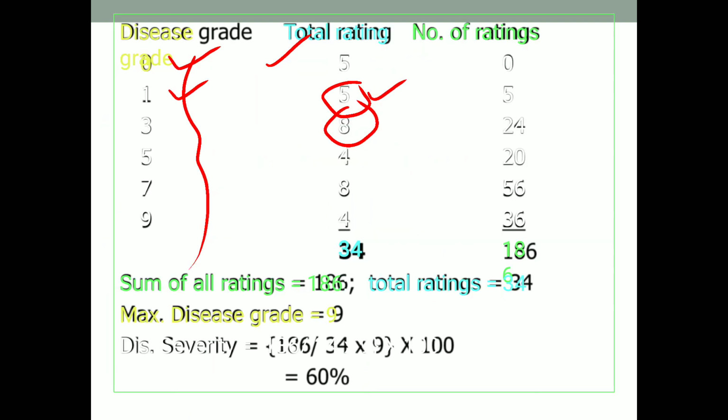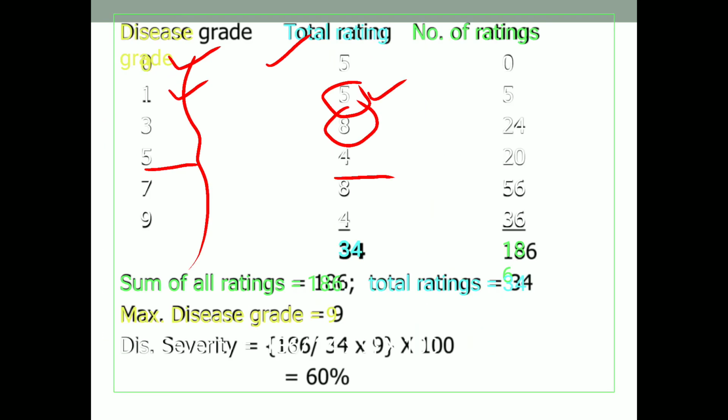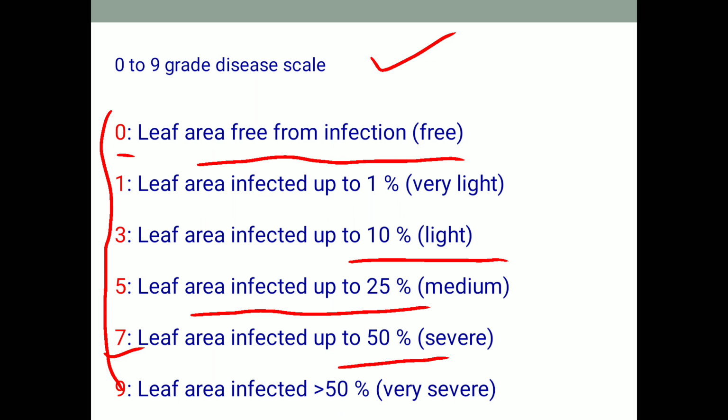Then 4 leaves come under grade 5, which indicates 25% disease incidence. Then 8 leaves are infected and come under grade 7, that means near about 50% disease incidence occurred.